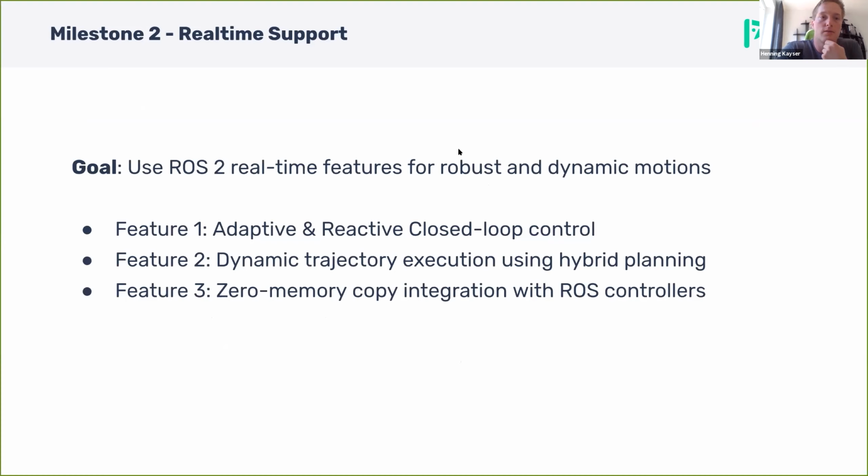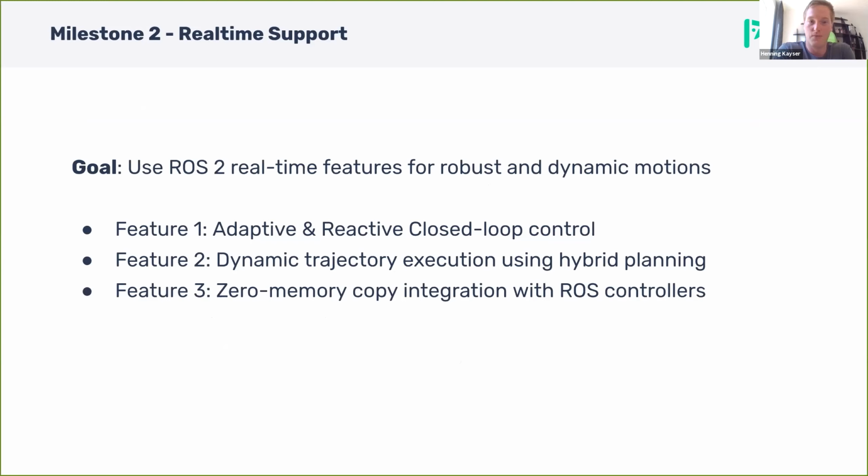The overall milestone, real-time support, that you saw above, pretty much consists of 3 features that try to solve one goal or one problem. We want to provide an approach that allows the user to run robust and dynamic motions, but we don't really want to limit the user to a certain solution here.